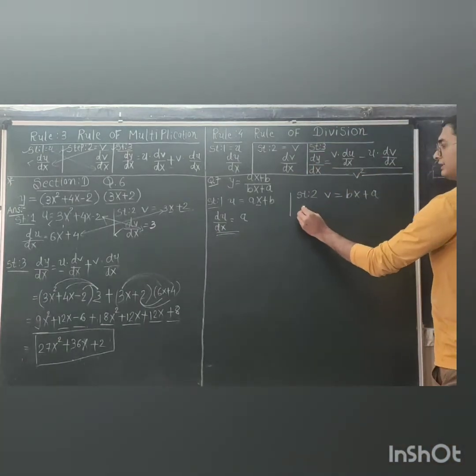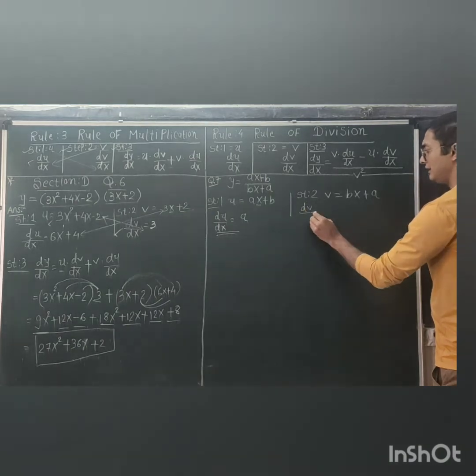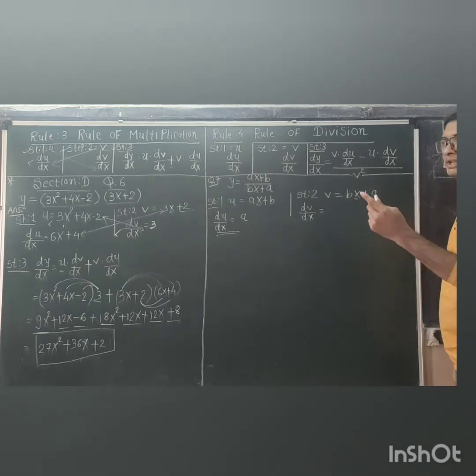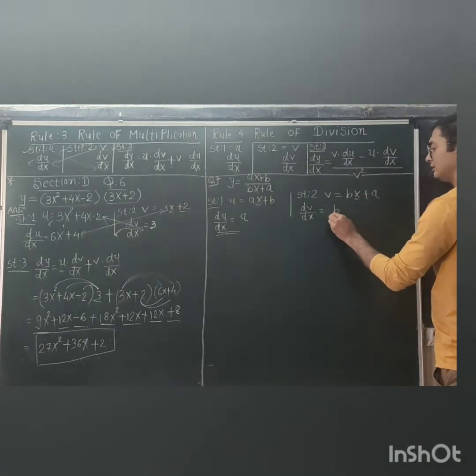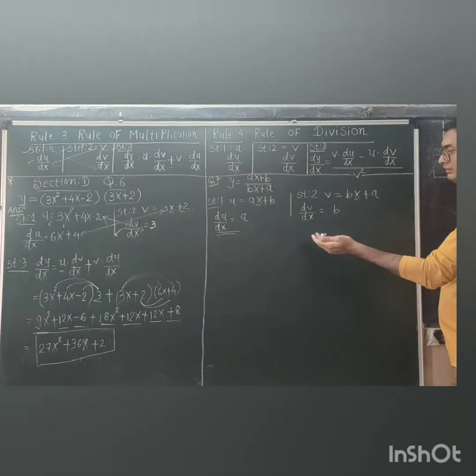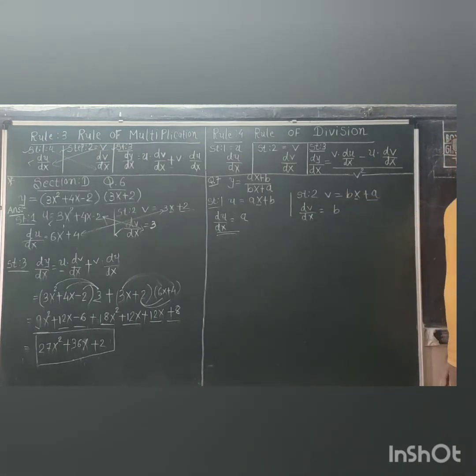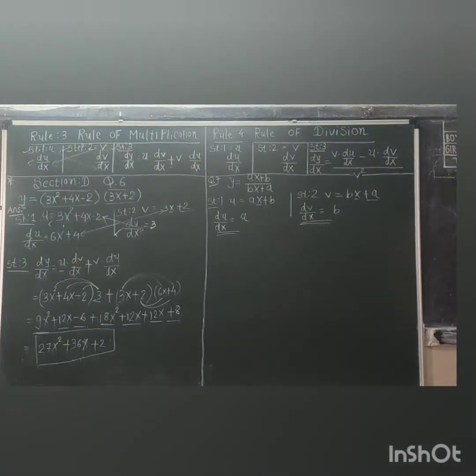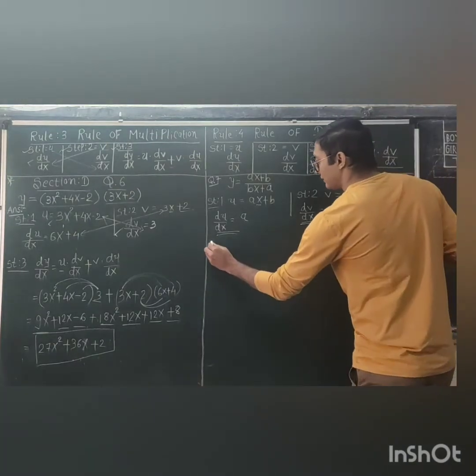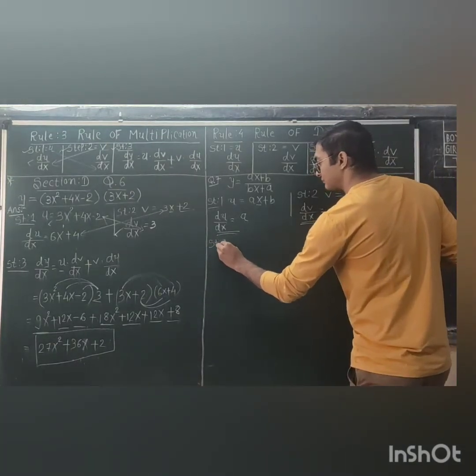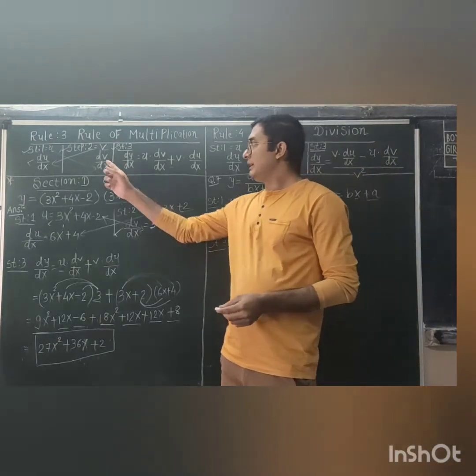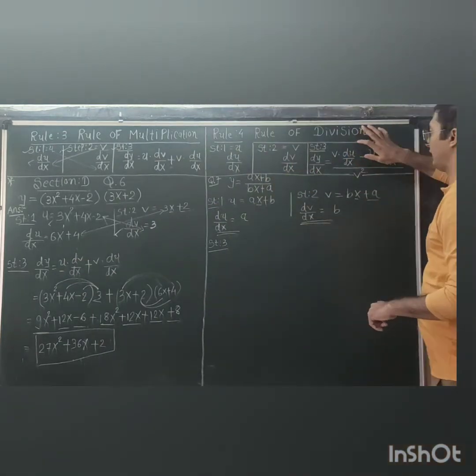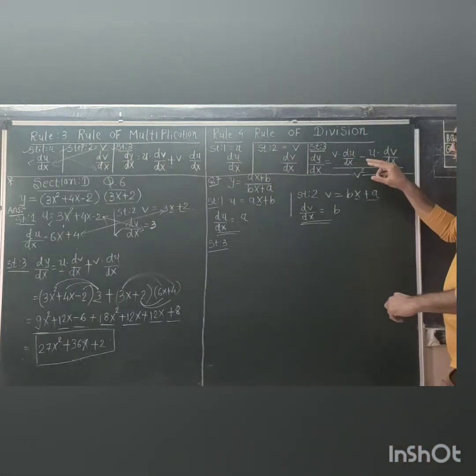Same way, now the derivative of v, dv upon dx, is equal to, instead of x, its value is 1, so b, and multiplied by 1 it becomes b, and here instead of a there is no value. So dv upon dx is equal to b. Now third step, step number 3. Here we have applied the rule of multiplication, and now step number 3, rule of division.